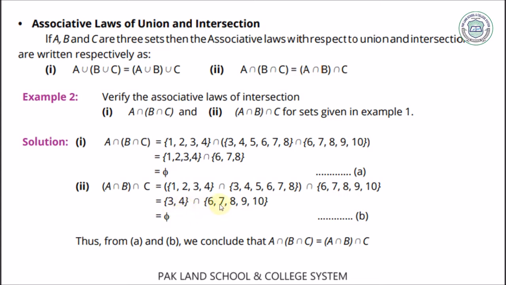In 3, 4 and the C set no one element is common, so the empty set is the answer. So from A and B we conclude that A intersection (B intersection C) equals (A intersection B) intersection C, and we verify the associative law of intersection.